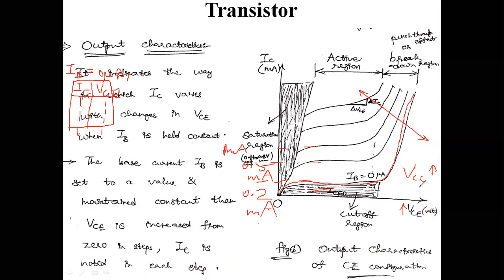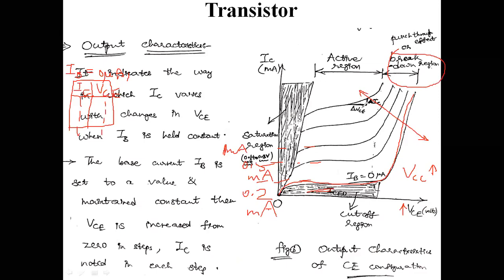Beyond that region, due to the reverse biasing condition, breakdown may occur and punch through of the charge carriers will take place. That punch through is mainly because minority carriers are affected here. I can treat this region as the breakdown region.